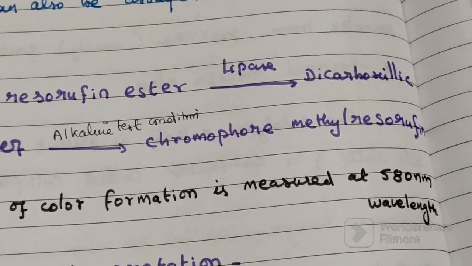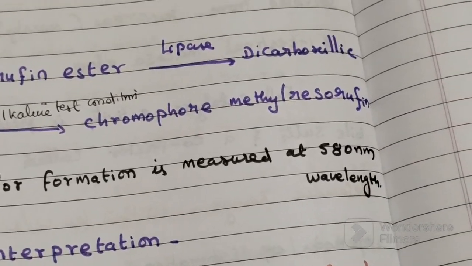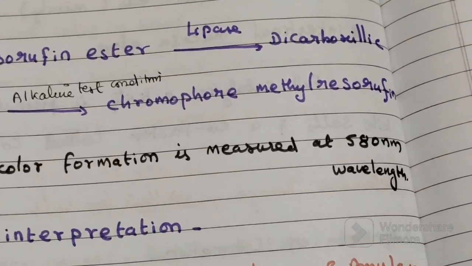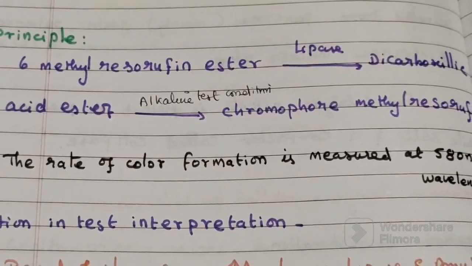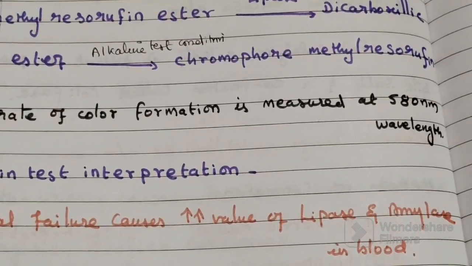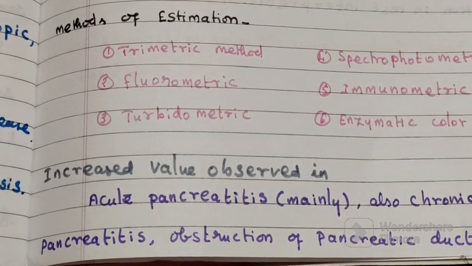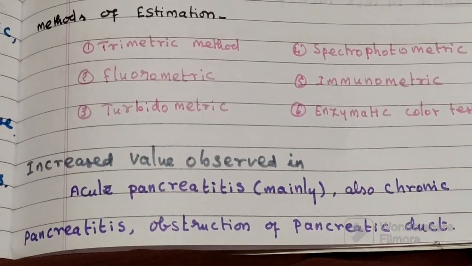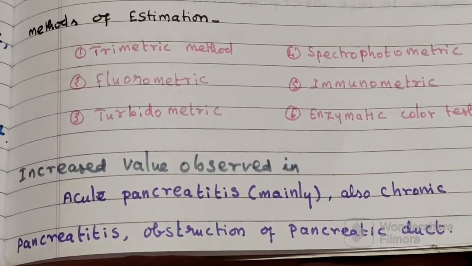It will give the chromophore methylresorufin. The rate of color formation is measured at 580 nm. Increased value of lipase is observed in acute pancreatitis, mainly acute pancreatitis.